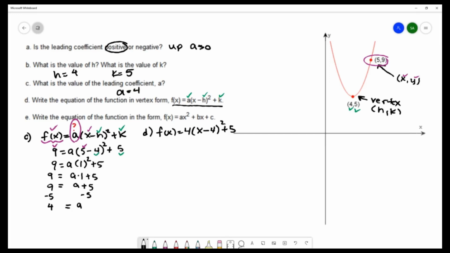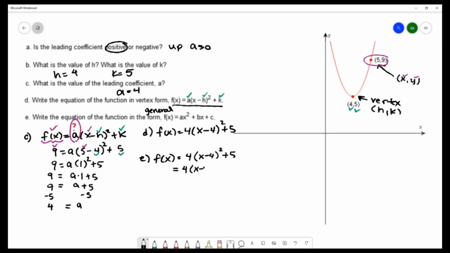In our final part, we want to write the function in general form, which is our expanded form, f(x) equals ax squared plus bx plus c. So to write it in this expanded form, we're going to take our vertex form and do a bunch of algebraic simplification. So we're going to apply that exponent.